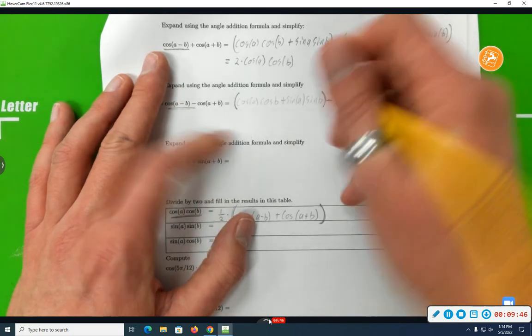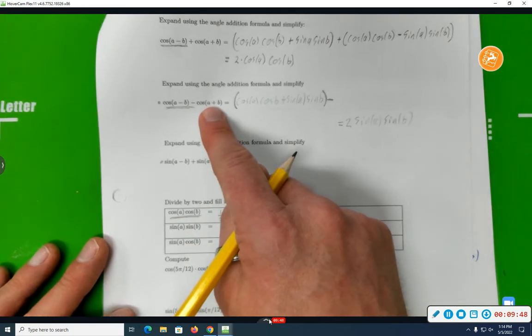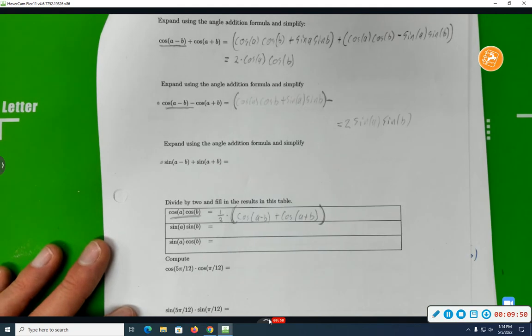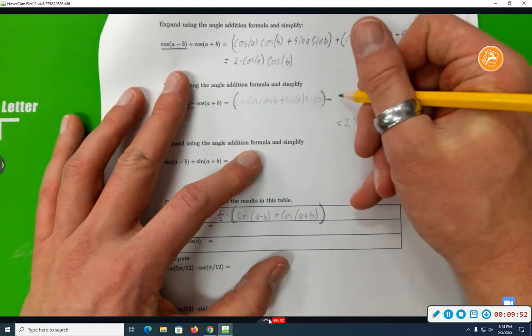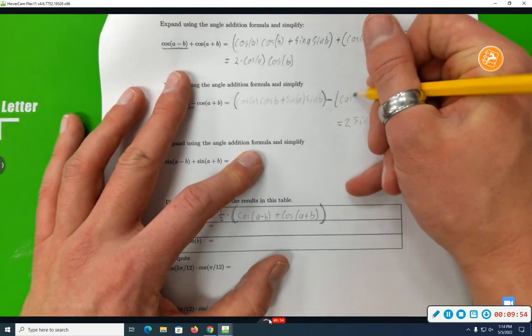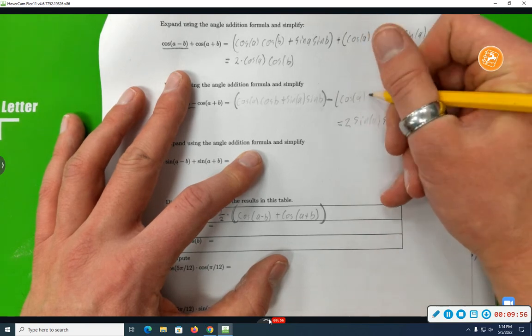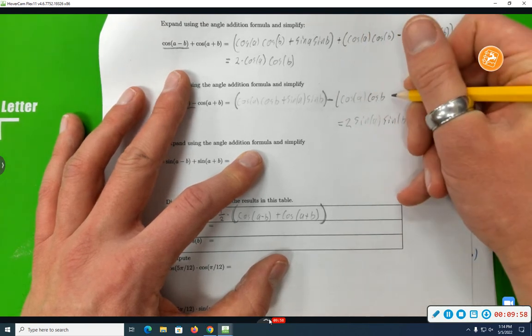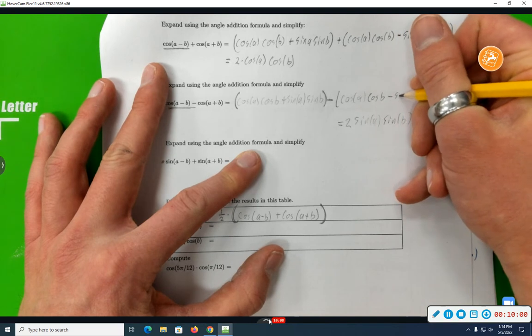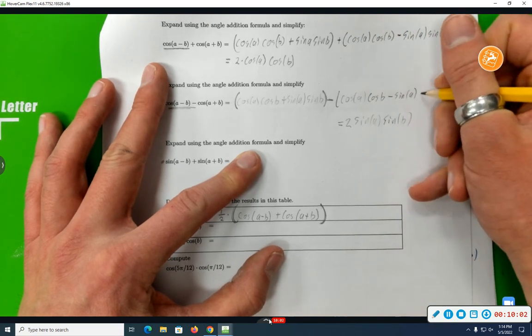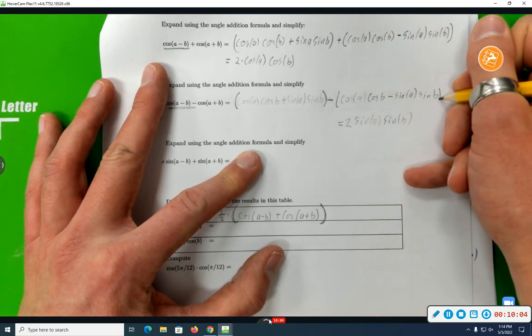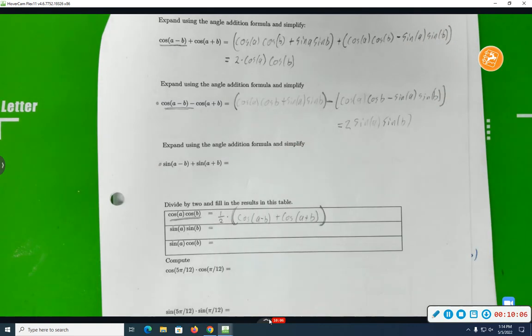Then I need to subtract cosine a plus b, which is the same thing again, but with an extra minus sign. Cosine a cosine b minus sine a sine b. People feel good?